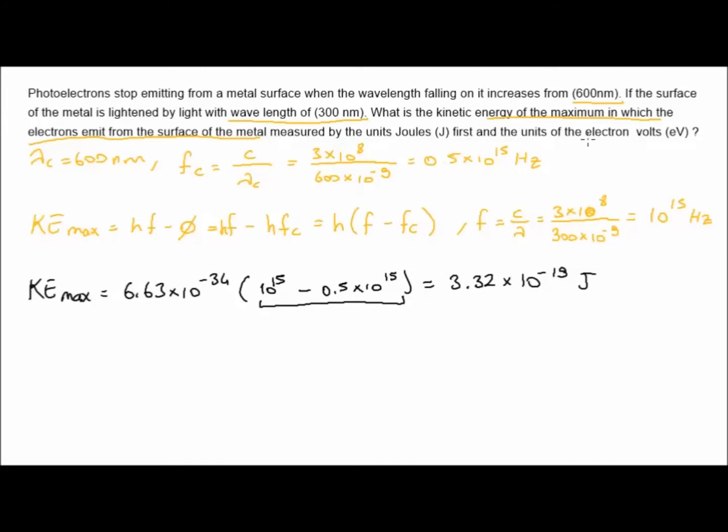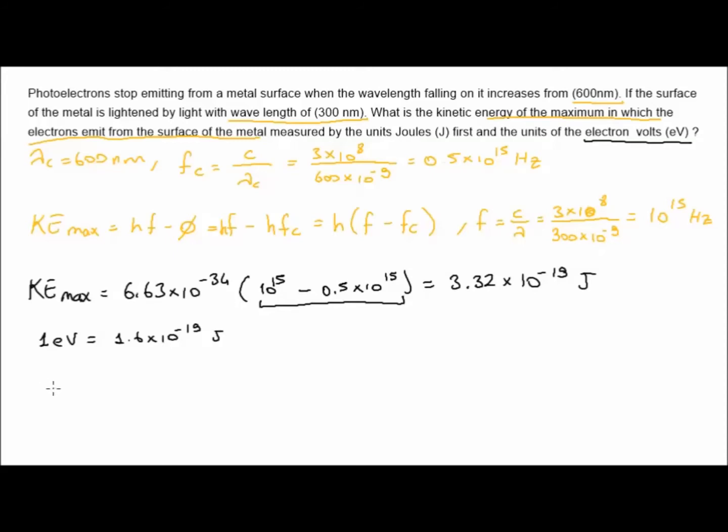And the question says also in electron volt, eV. 1 electron volt equals 1.6 times 10 to negative 19 joule. So to convert it to electron volt, we have to divide by 1.6 times 10 to negative 19.